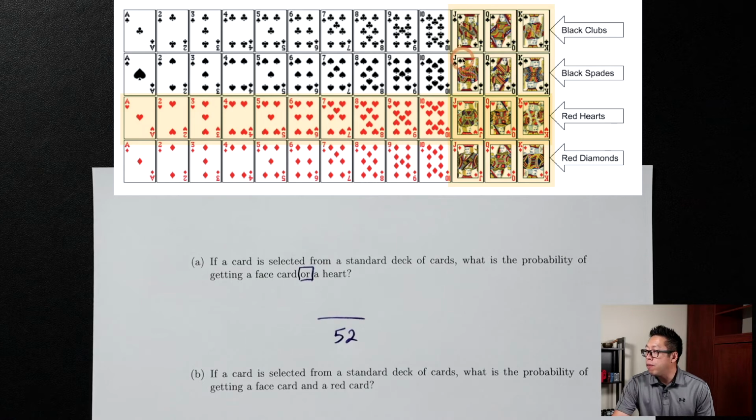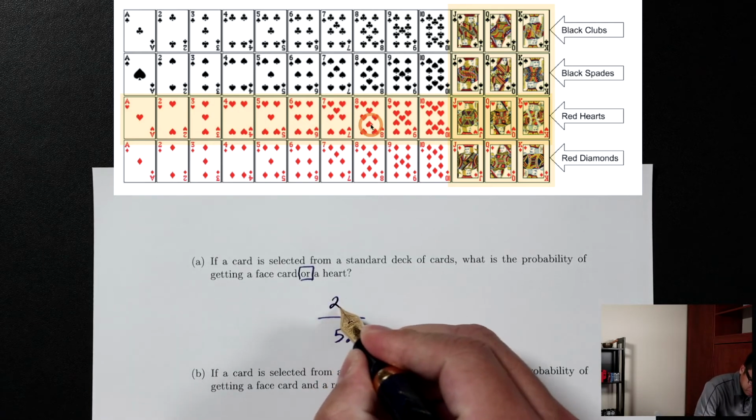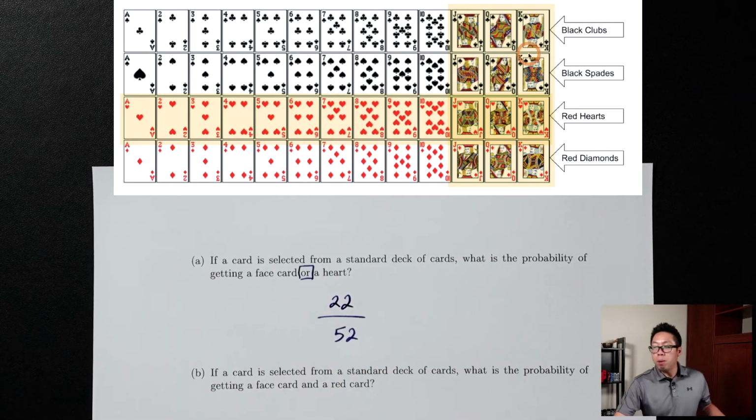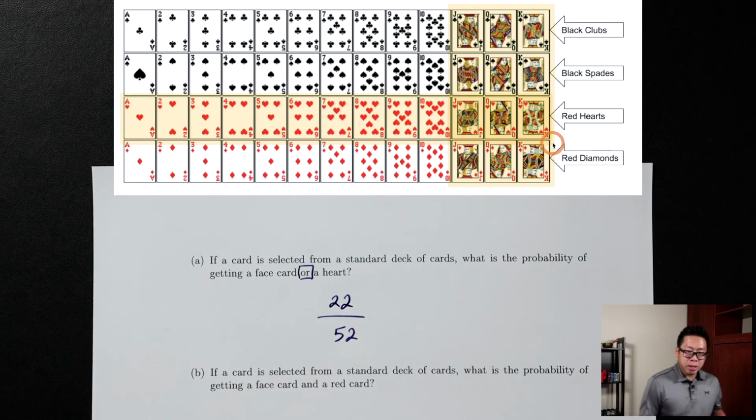So all my face cards, that's going to be 1, 2, 3, 4, 5, 6, 7, 8, 9, 10, 11, 12, together with all the hearts, 13, 14, 15, 16, 17, 18, 19, 20, 21, 22. So 22 cards. So all my face cards, last 3 columns, all my hearts, 3rd row, but remembering not to count this Jack, Queen, and King twice. So there's 22 total.